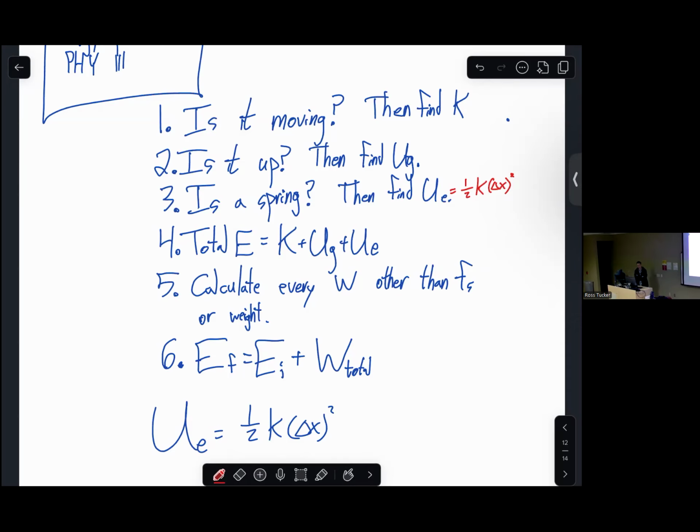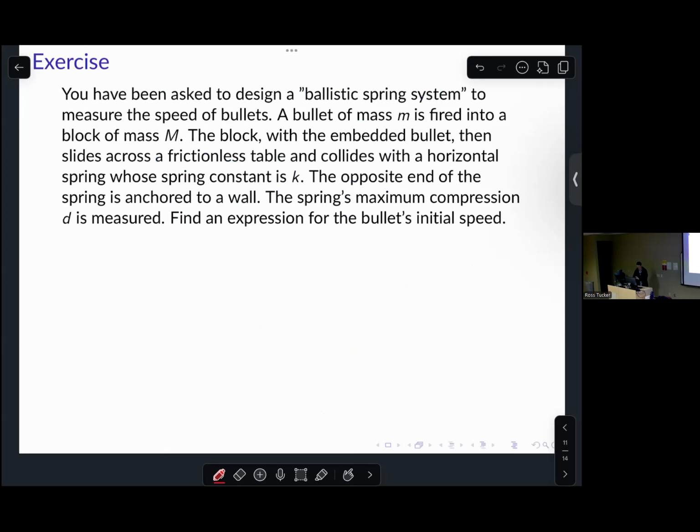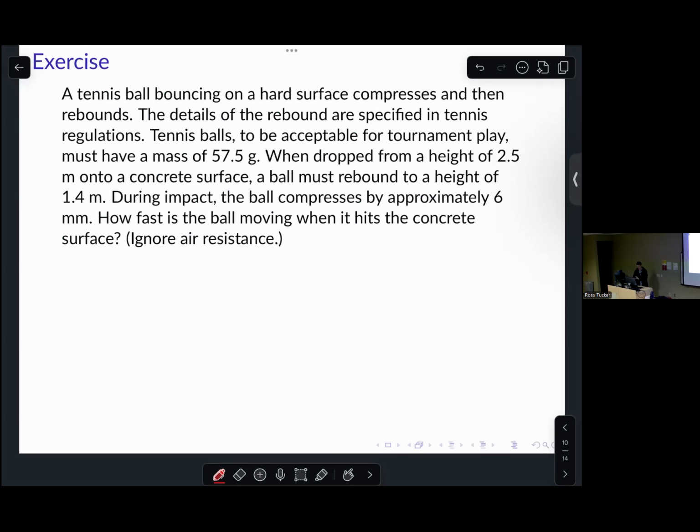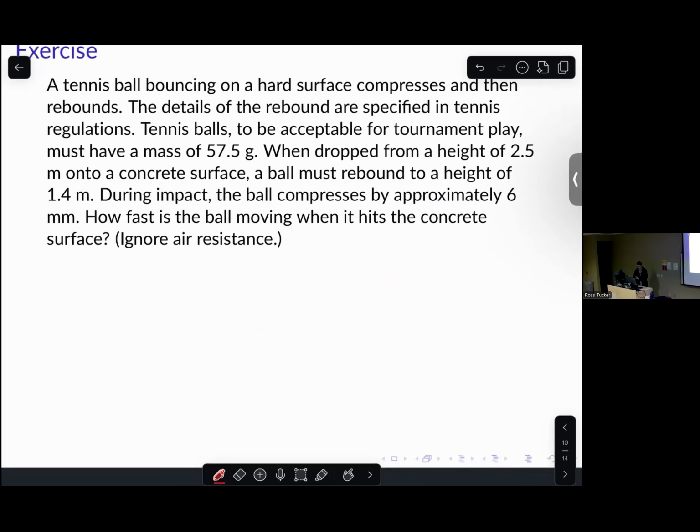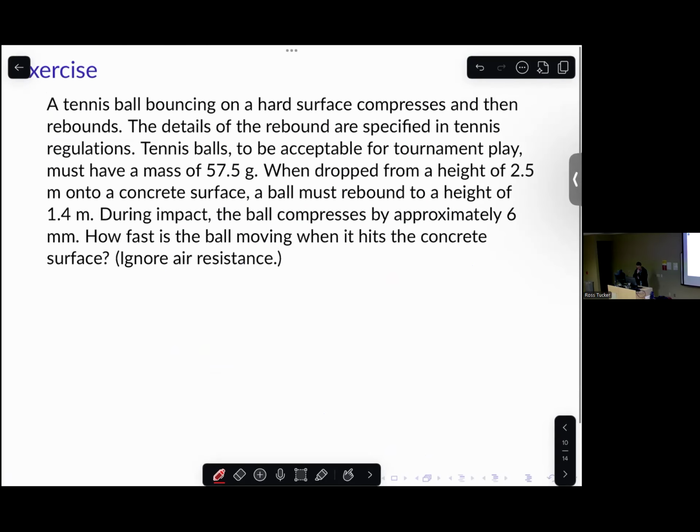Let's do one more. I'm not going to scaffold you this time. Here's the work. There's a work going on here.